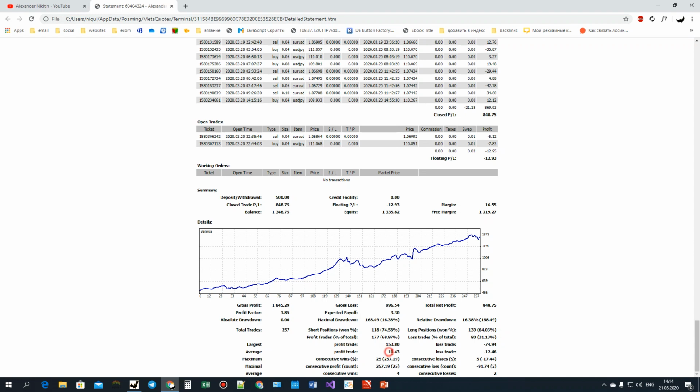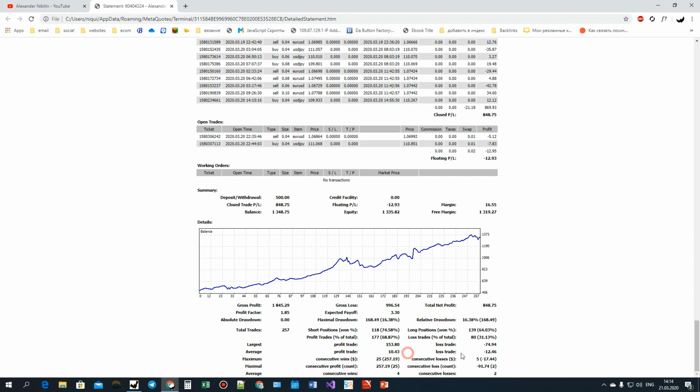Of course, my winners are fewer because of this swap as well. The swap was not calculated in backtesting, so it can reduce the result on each and every trade.